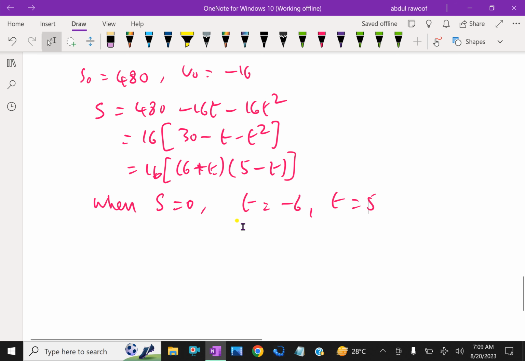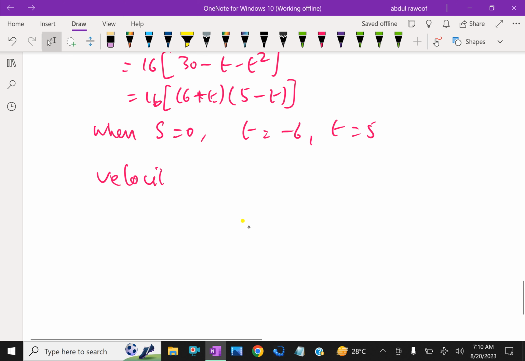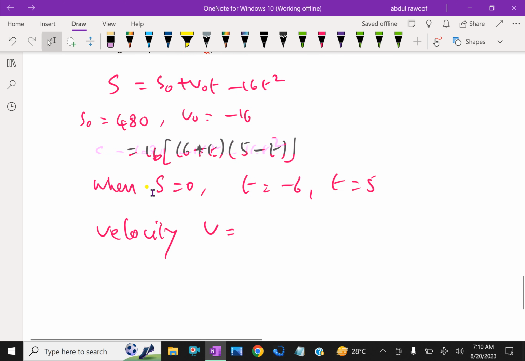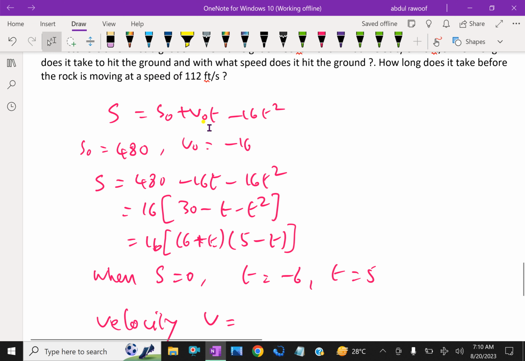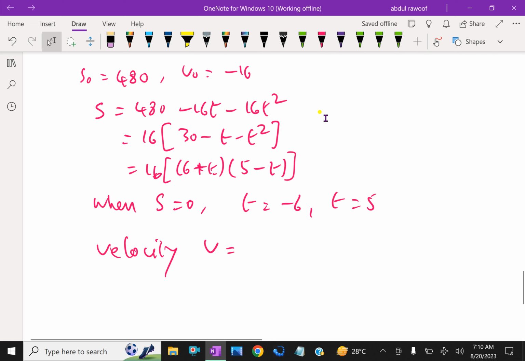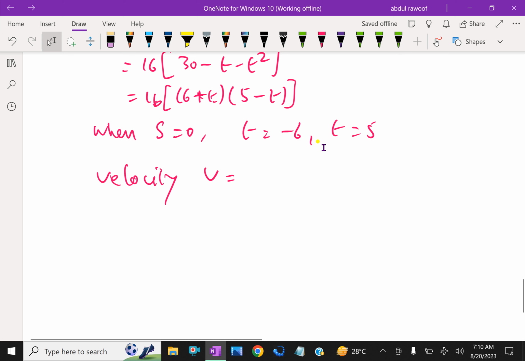So we take the positive value. Therefore velocity v is the derivative of distance with respect to time. We already have the distance equation, ds by dt is v0 minus 32 t, that is minus 16 minus 32 t.